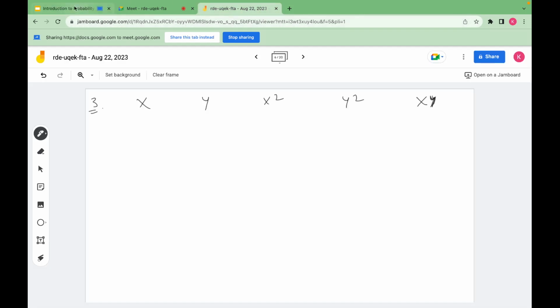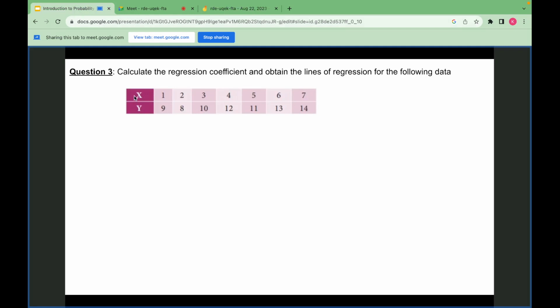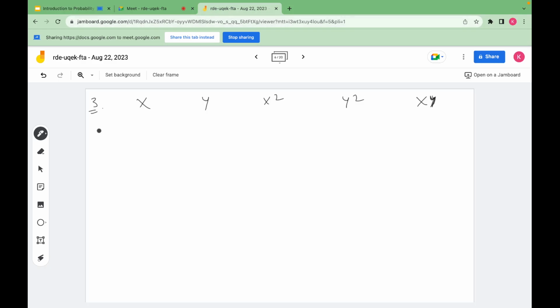So it is not mentioned which of the variables is independent and which is dependent. So we will calculate for both cases, when x is dependent and when y is dependent. First we will calculate these values.